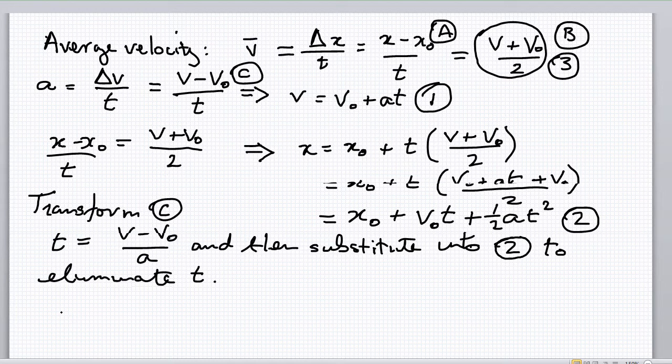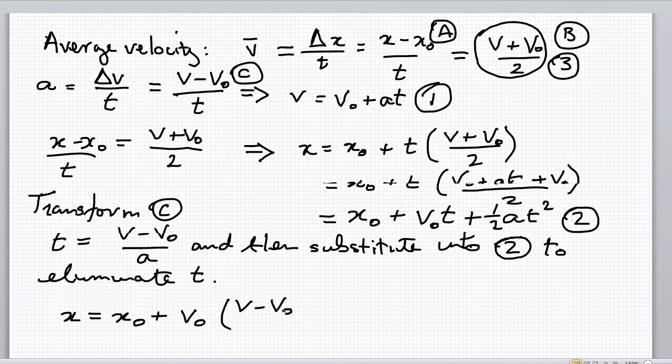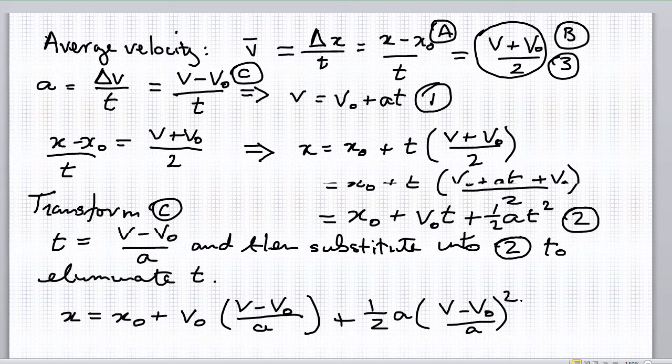So I'm going to rewrite equation 2. So I've got x equals x naught plus v naught times v minus v naught over a, plus 1/2 a times v minus v naught over a all squared.